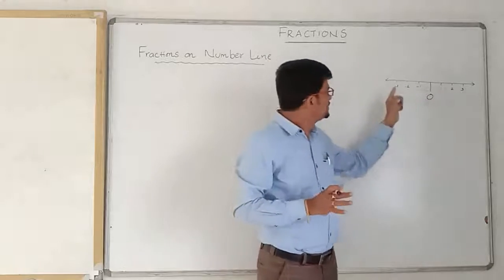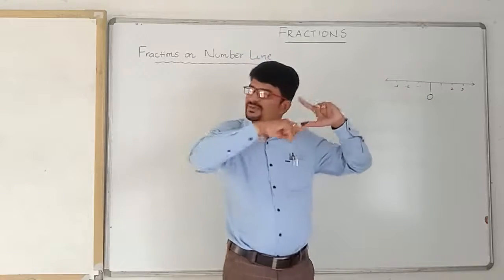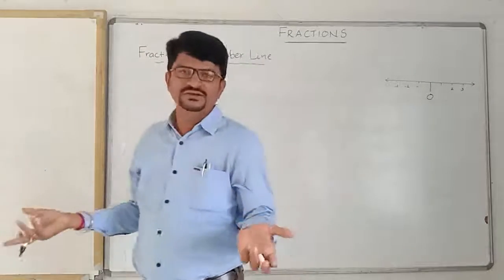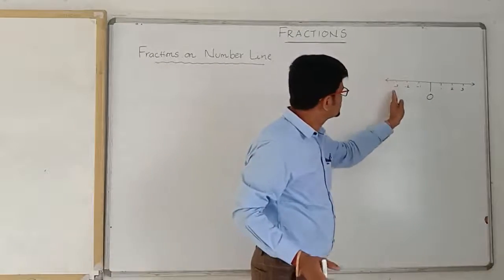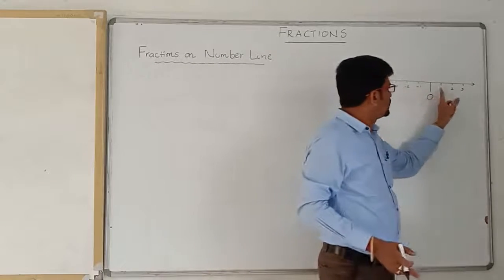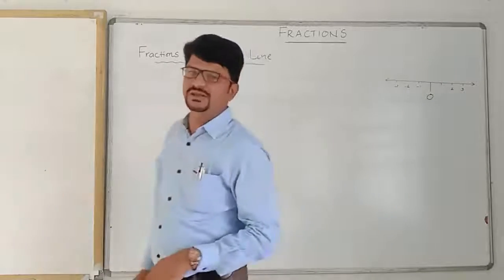Here I kept an arrow mark. The arrow mark means it can extend infinitely, so numbers are infinite. We can write -3, -4, -5, -6, and so on, and here +1, +2, +3, and so on. That is the structure of the number line.